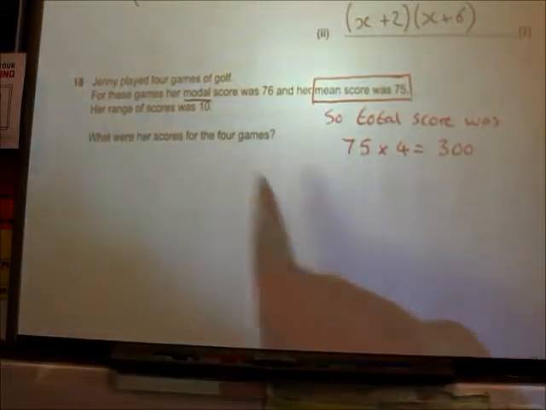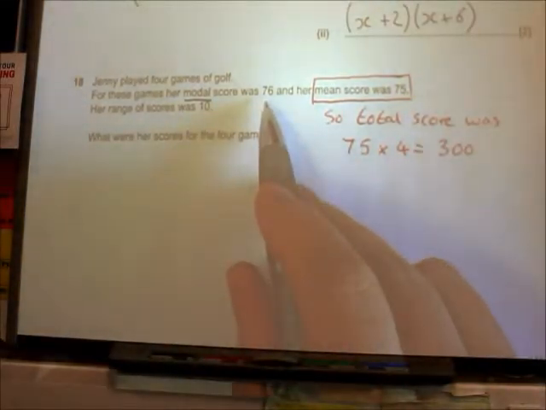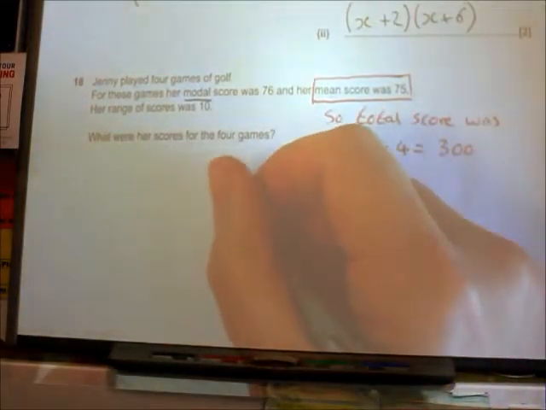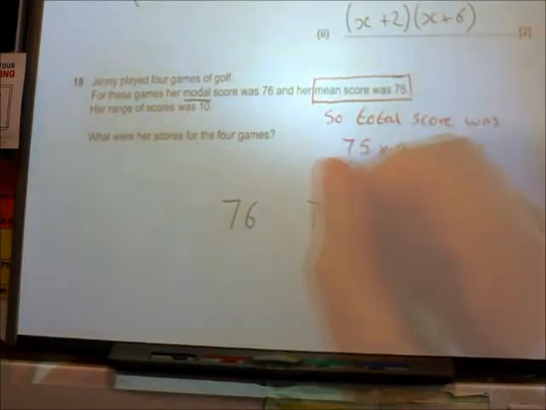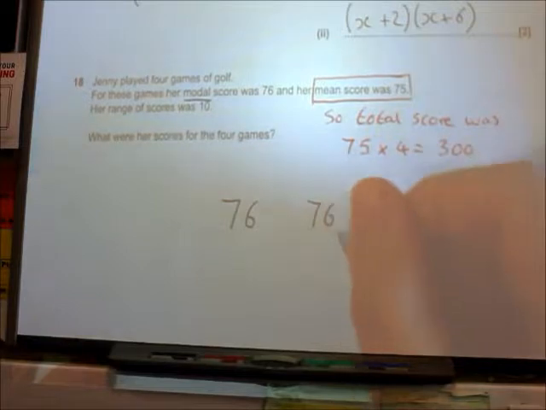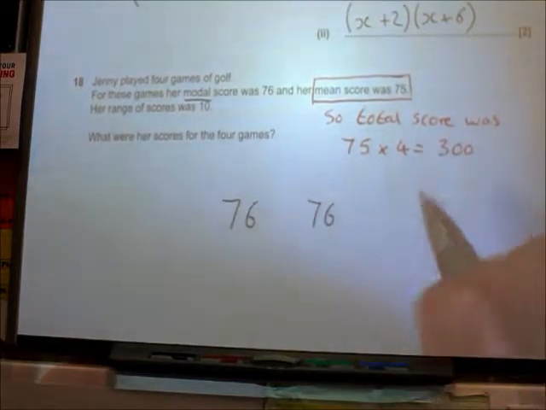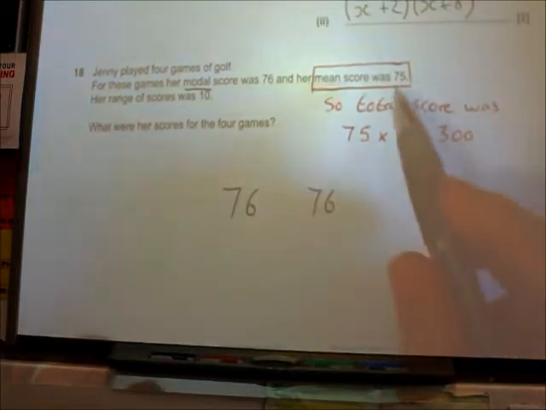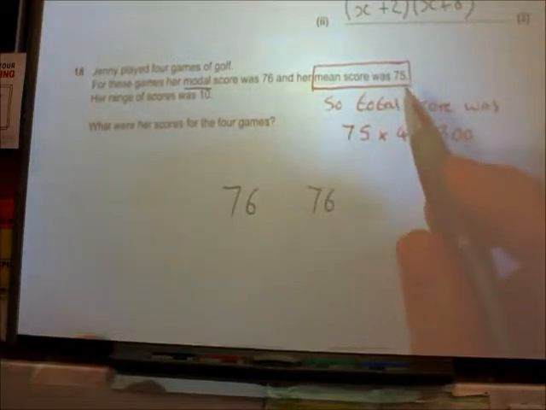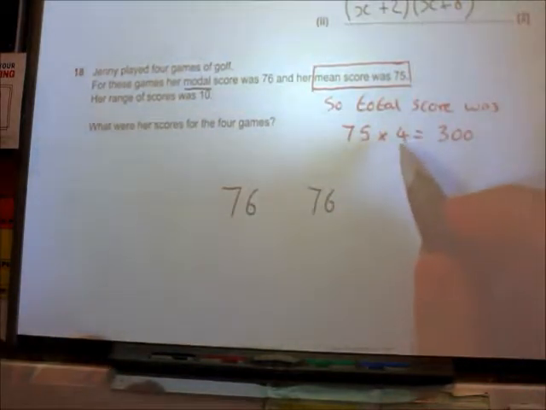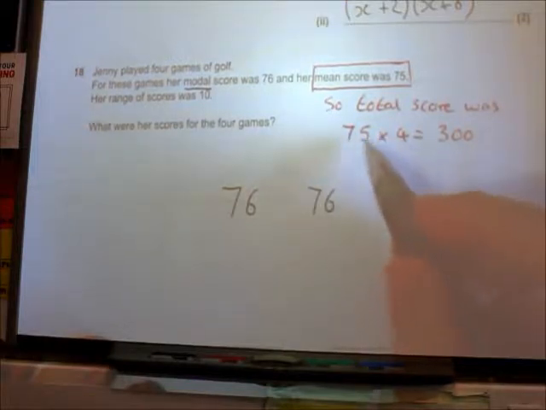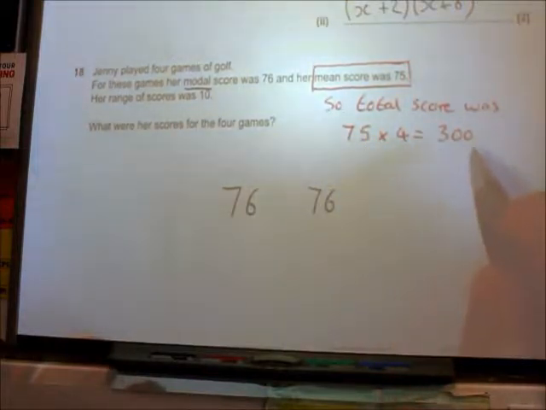Well, if the modal score was 76, she must have got at least 2 games that were 76. Potentially she could have got a third one that's 76, but we'll work that out in a bit. Now, the mean score was 75, so that means in the 4 games she played, her average was 75. So her total score must have been 300.